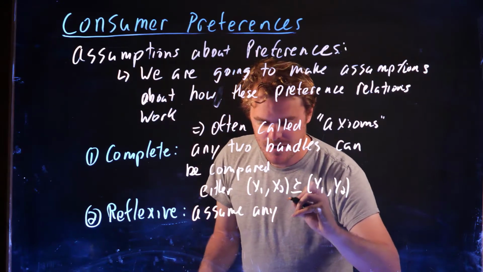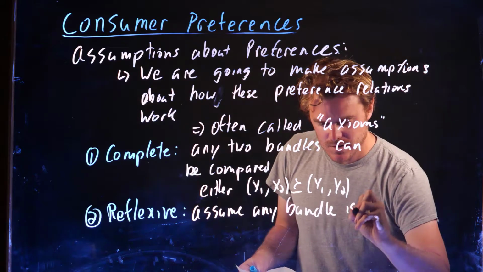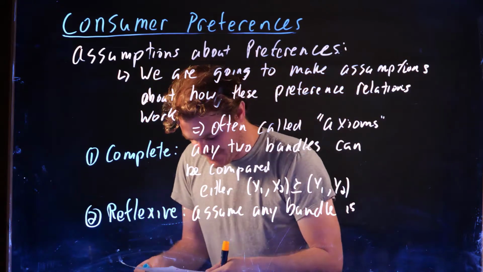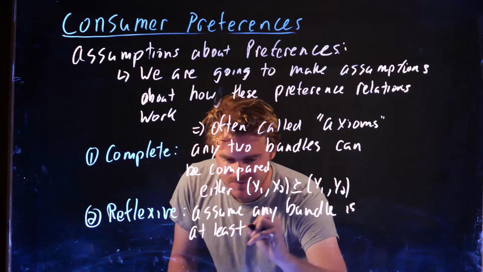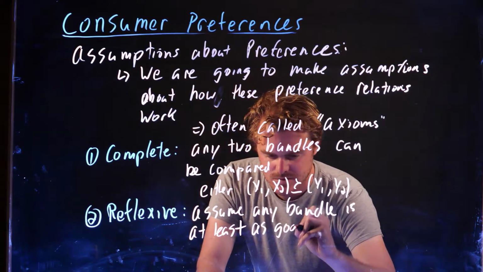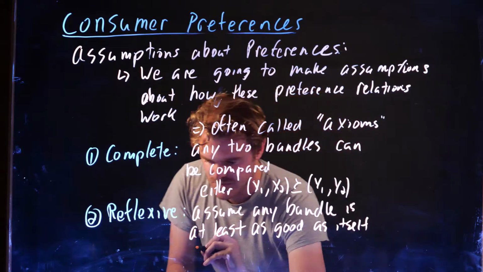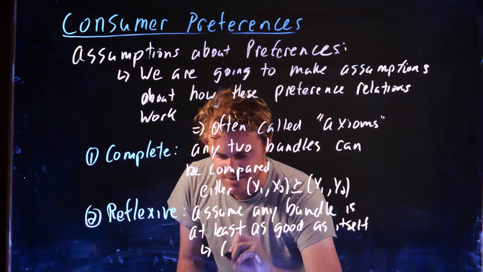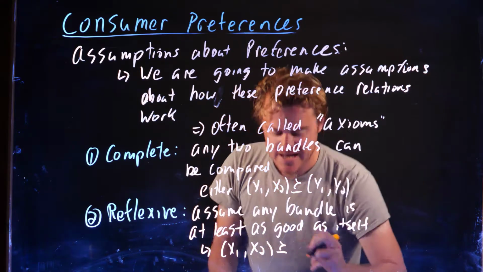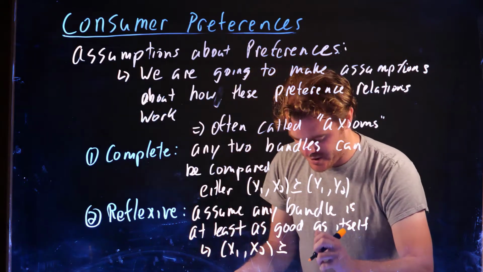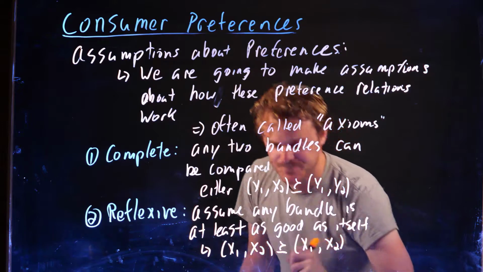So x1, x2 has to be weakly preferred to another bundle of exactly x1 and x2.